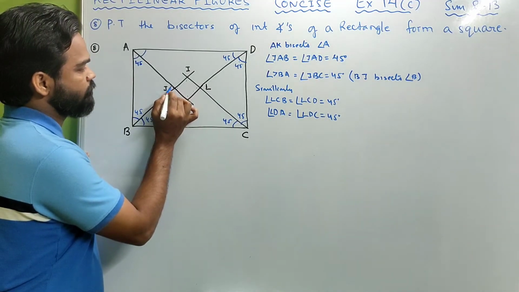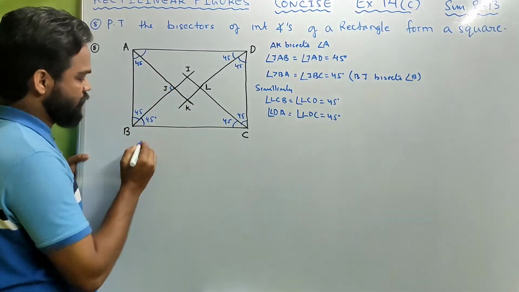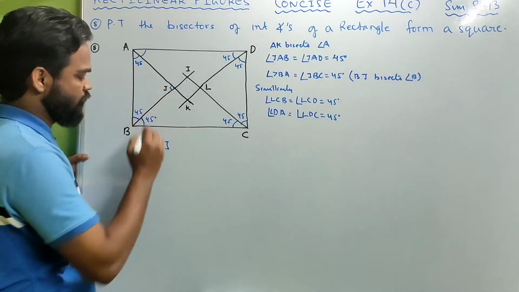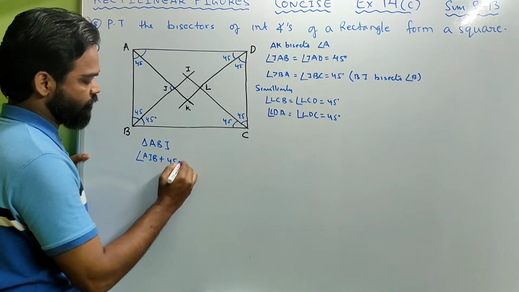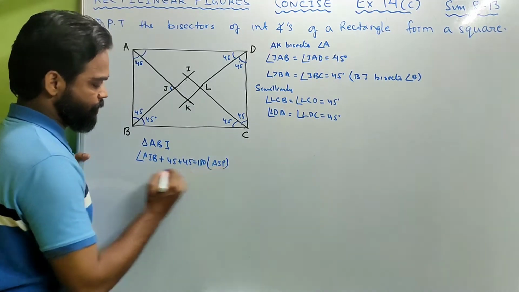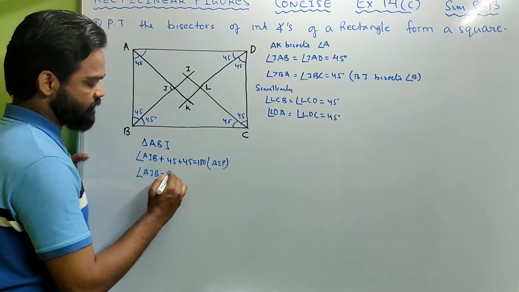Now look carefully. This angle is 90. Why? Because in triangle ABJ, angle AJB plus 45, plus 45 equals 180. Angle sum property, which means angle AJB is 180 minus 90, that's 90 degree.